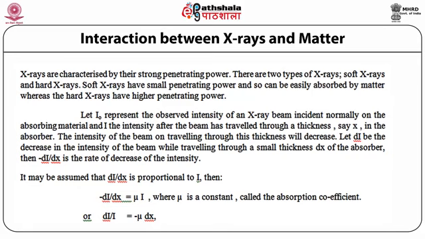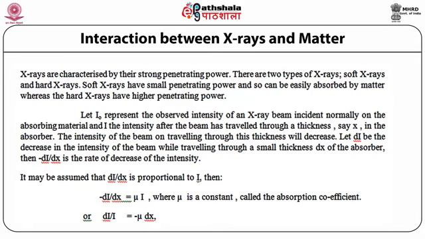Let I0 represent the observed intensity of an X-ray beam incident normally on the absorbing material, and I the intensity after the beam has traveled through a thickness, say x, in the absorber. The intensity of the beam on traveling through this thickness will decrease.